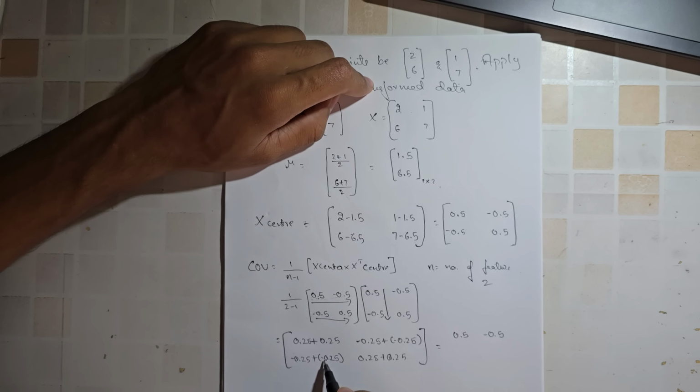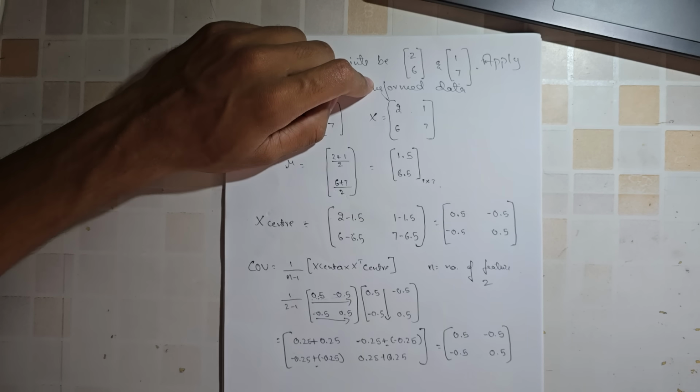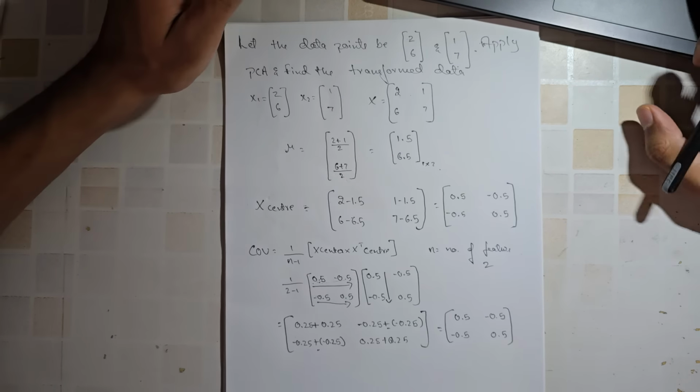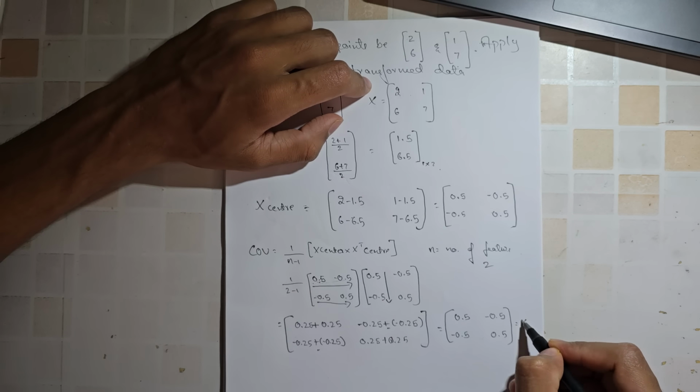Here see, plus into minus is minus, plus into minus is minus, so again it's minus 0.5, and here it's just 0.5. Okay, so you got the covariance. So this is equals to XCOV.